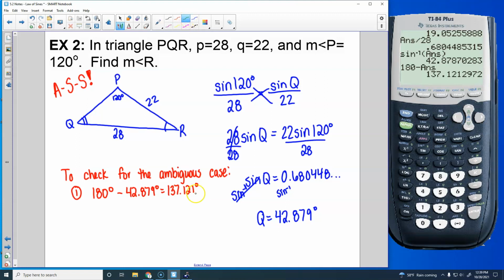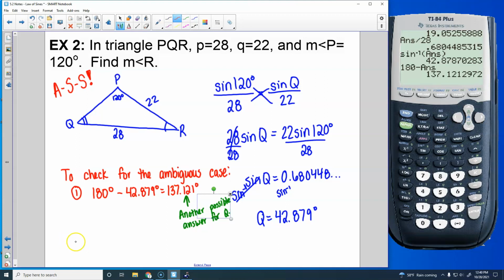What this is, is another possible answer for Q. So it definitely could be 42.879. That's definitely an answer. It could be 137.121. We got to check, right?